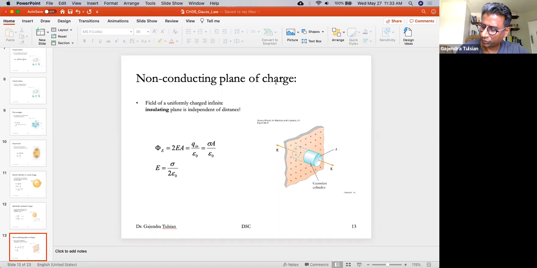Here's a sheet of charge. And now here's a side view. Now this looks like a line charge, but it's really an infinite sheet of charge.